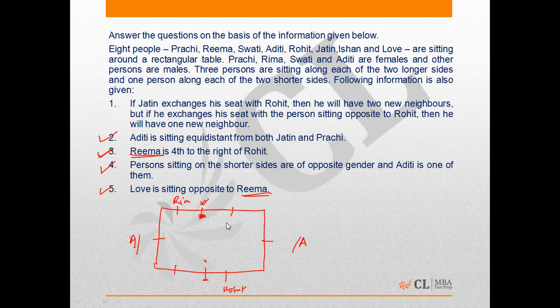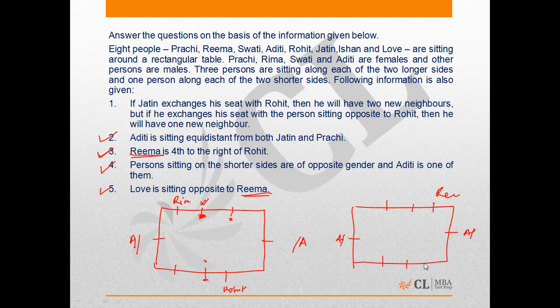And the third possibility is Rima is at this position, then Rohit will be at this one. So draw one more diagram. Rima is at this position.